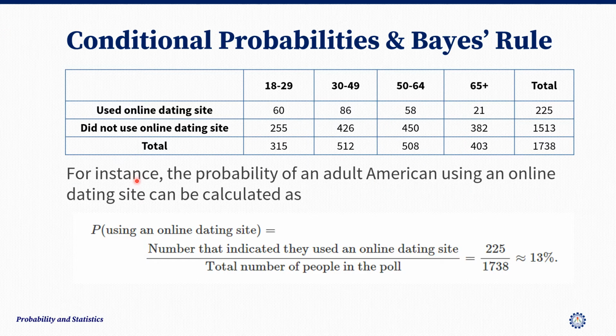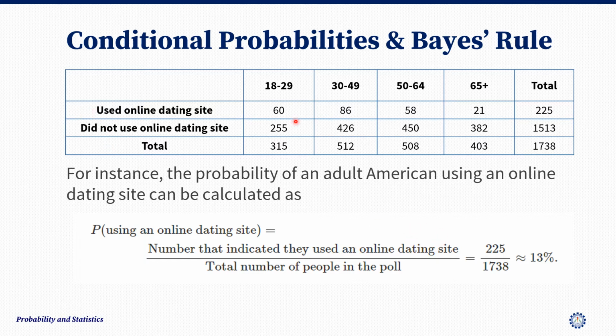So let's say, for instance, the probability of an adult American using an online dating site can be calculated as the number that indicated they are using an online dating site over the total number of people in the poll. So if we look at the table, we get the total number that indicated that they use an online dating site.